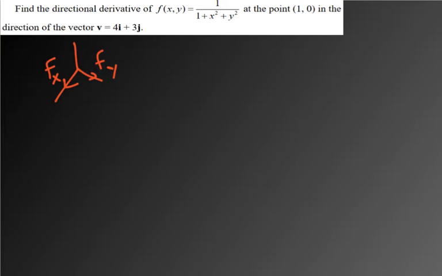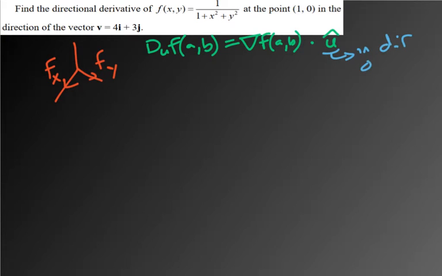So one of the things you definitely want to remember is the formula or equation that we use to solve for directional derivatives. Basically we use this notation, capital D subscript u, f of the point (a, b), equals the gradient of f at (a, b) dotted with u, where u is a unit vector in the direction of v, okay?